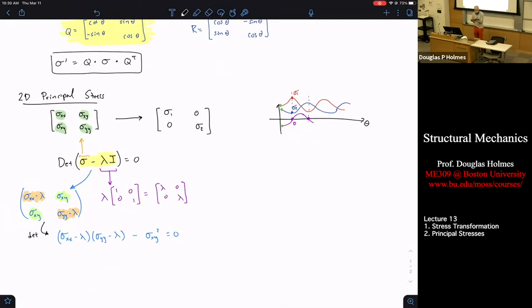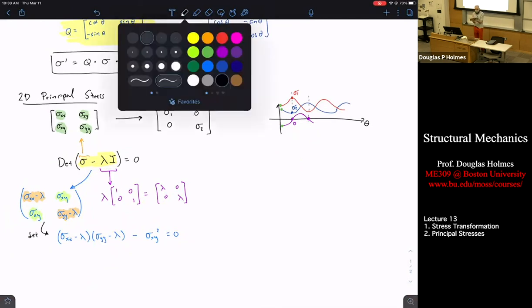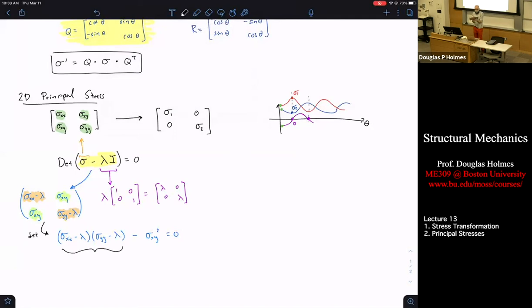And so what do we get here? We're going to do this one out. Let's expand this first term here. I think it's sigma xx sigma yy minus sigma xx lambda, minus lambda sigma yy, plus lambda squared.